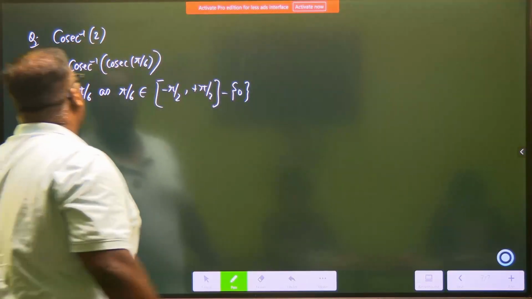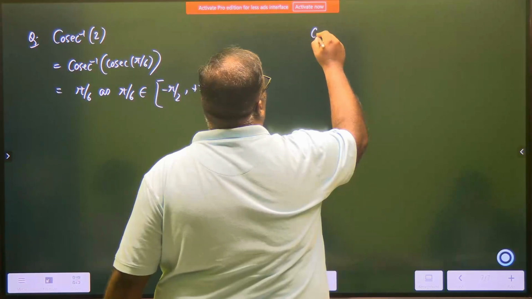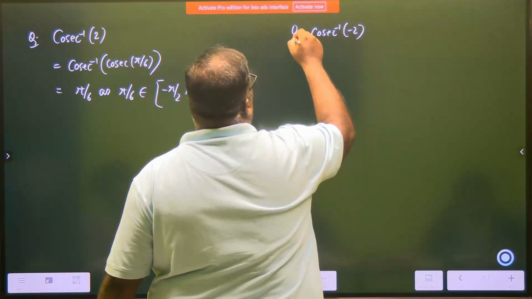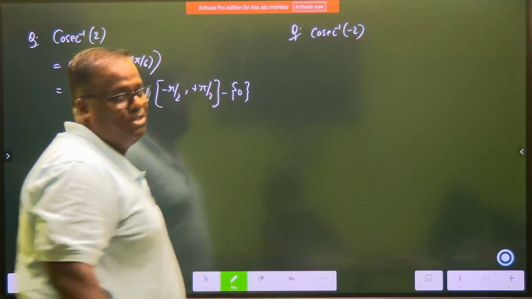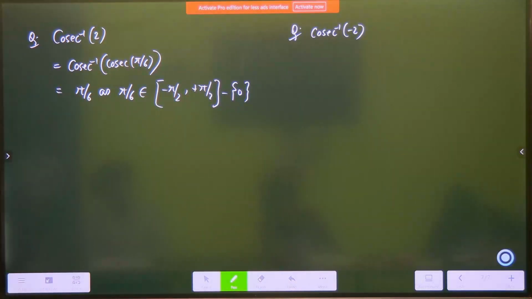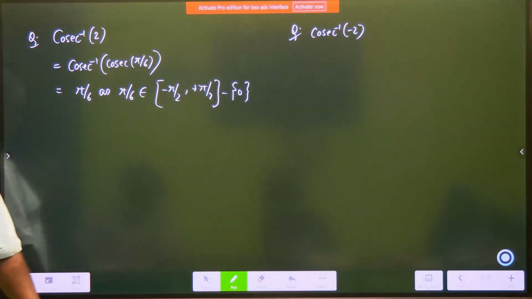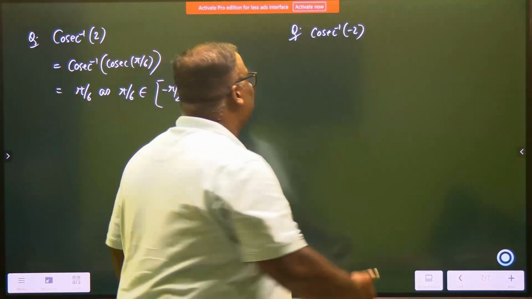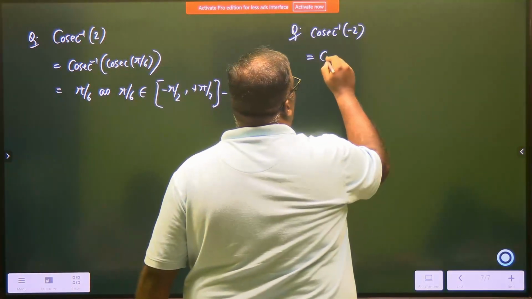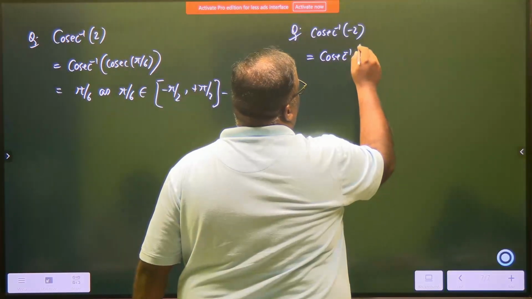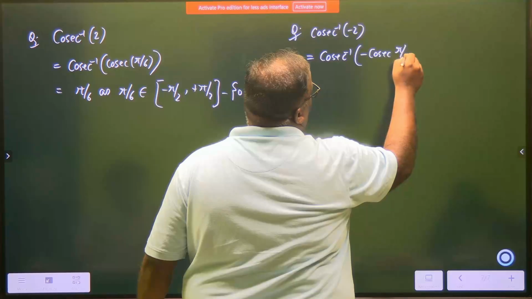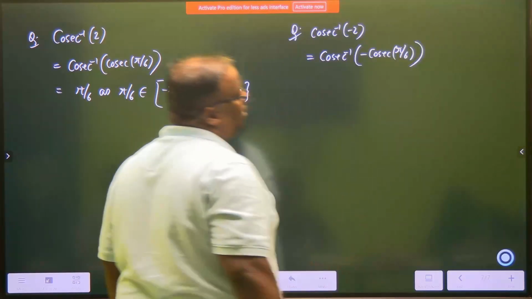Okay, can you solve it for cosec inverse negative 2? Always solve negatives. Positive is not the issue. The negatives will make you cry. This will be equal to cosec inverse negative cosec pi by 6. Agreed?